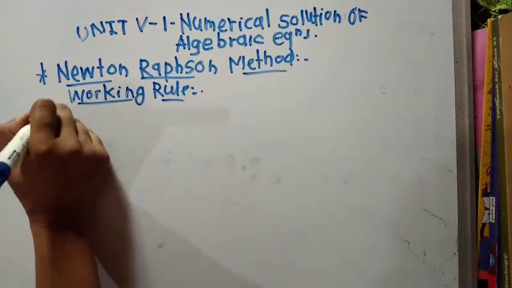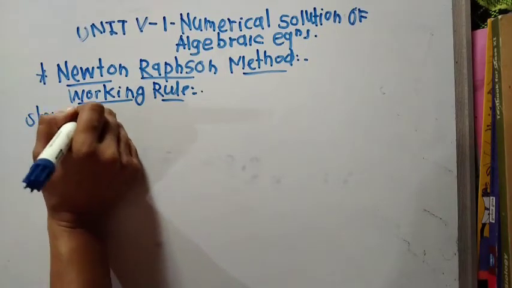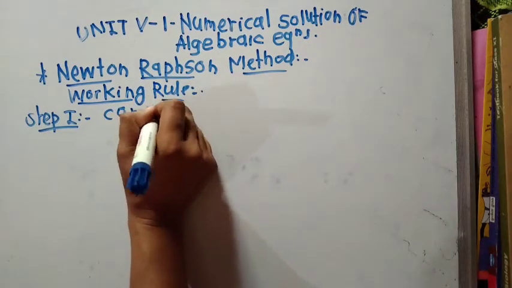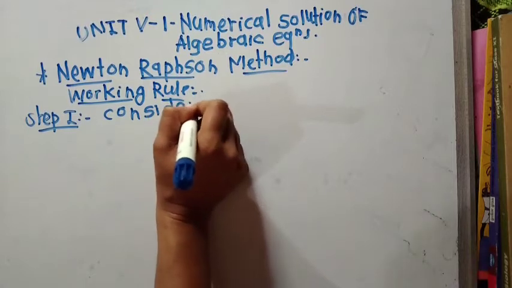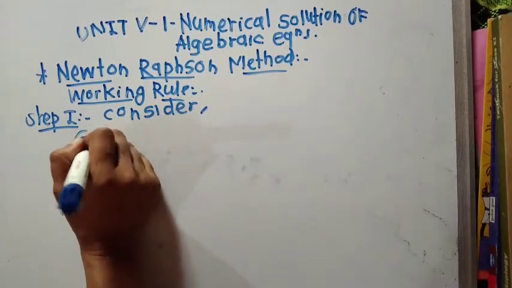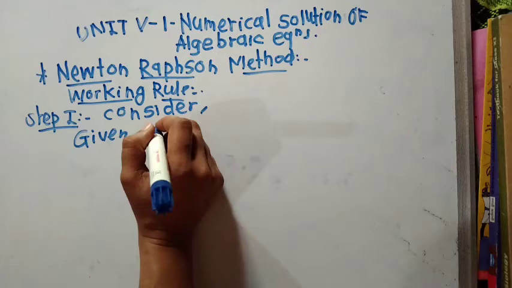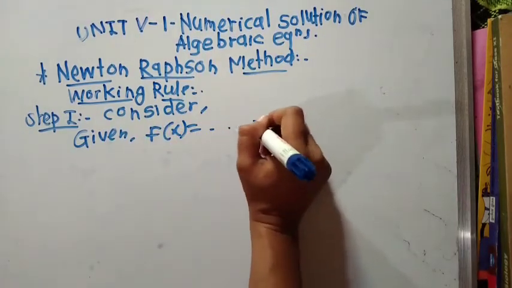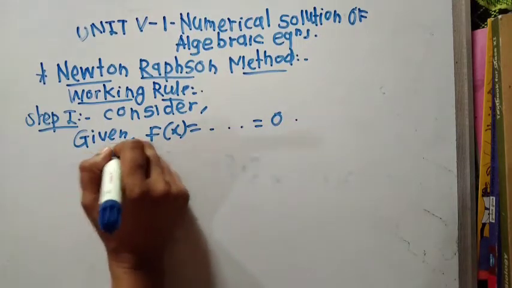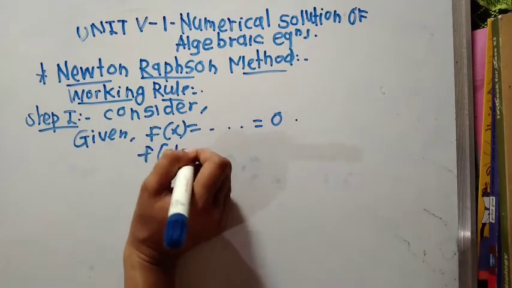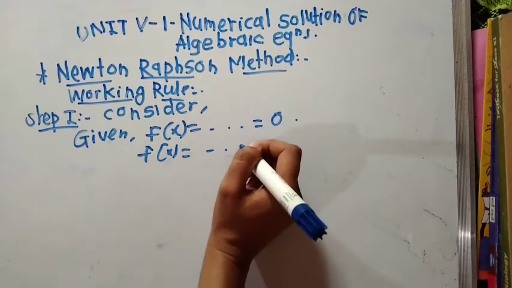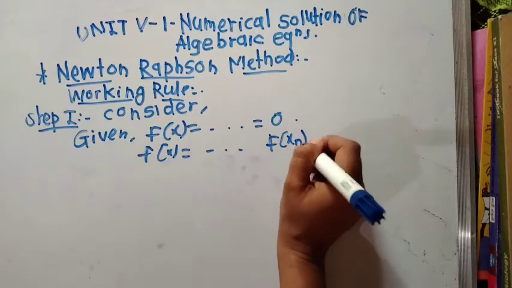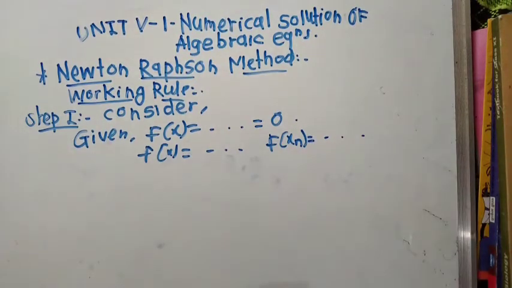Step first: consider the given equation f of x is equal to 0, f of x is equal to dash, dash, and f of xn is equal to dash.